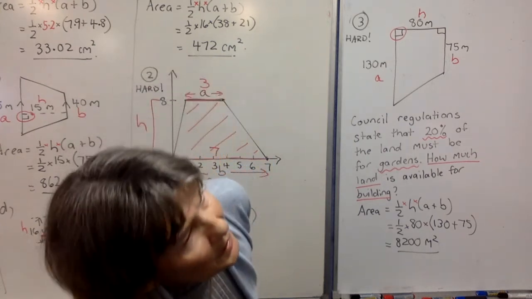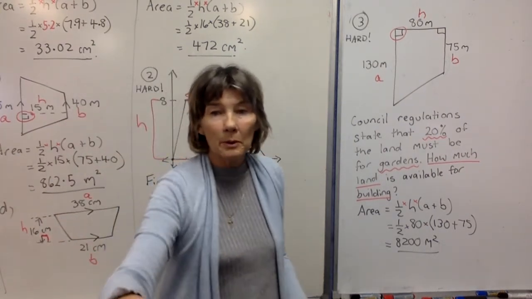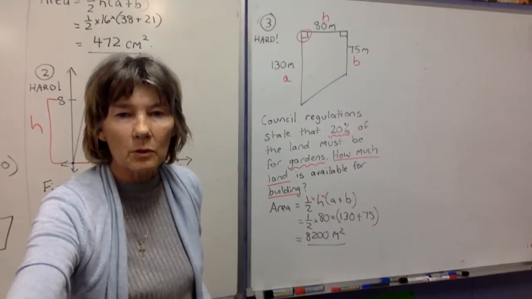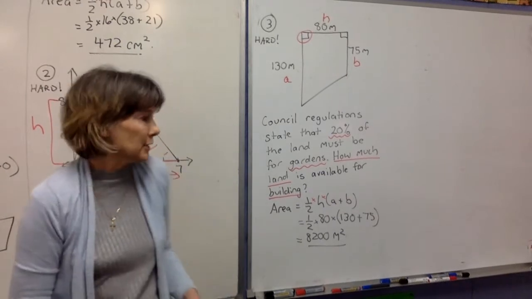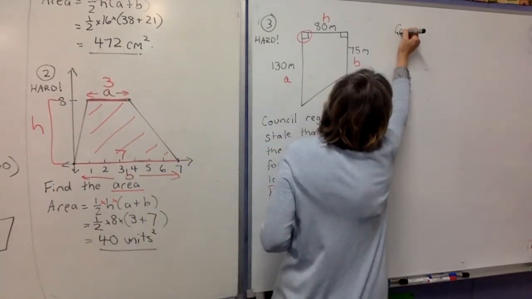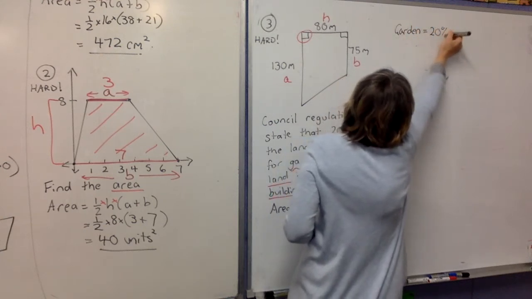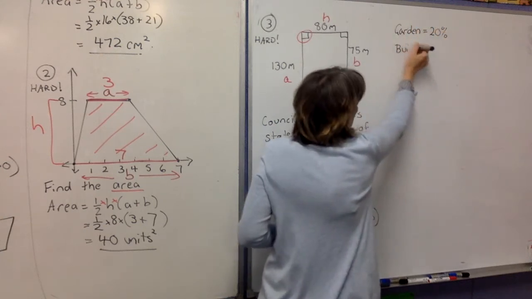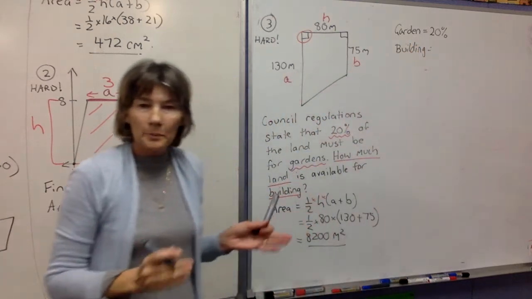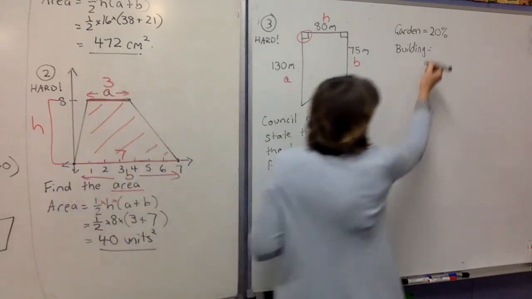So I wonder what percentage that would leave me to build on. Developers and builders need to know this. So they need to be able to work out their areas. They also need to be able to work out percentages. So if I have 20% garden, then my building will be 100%, that's the whole of the land, minus 20%.